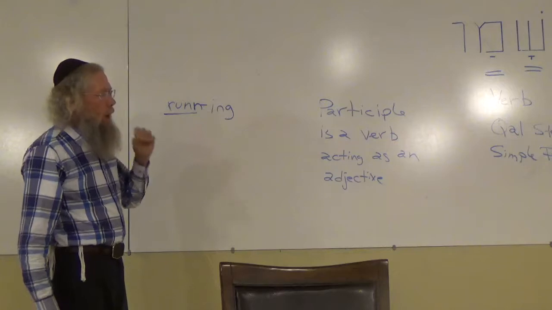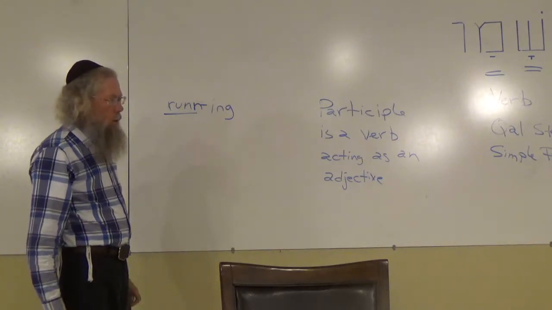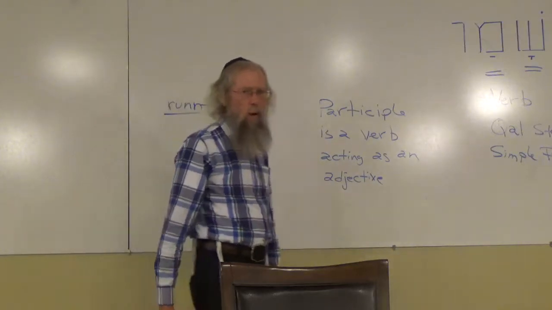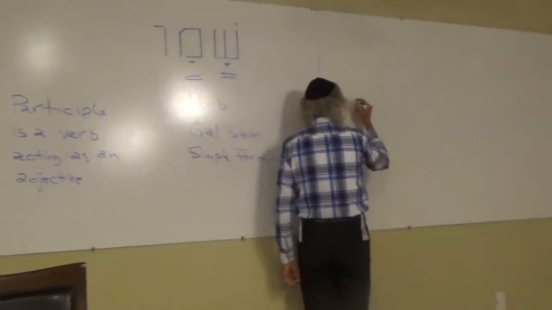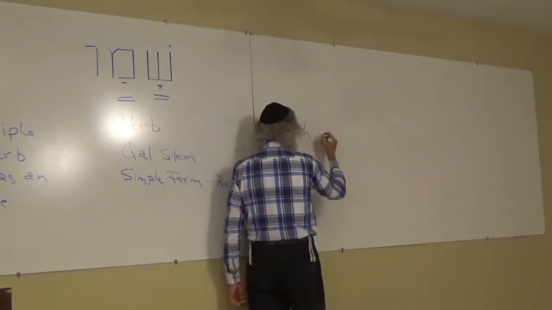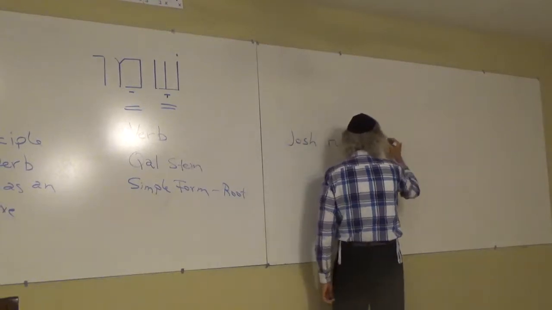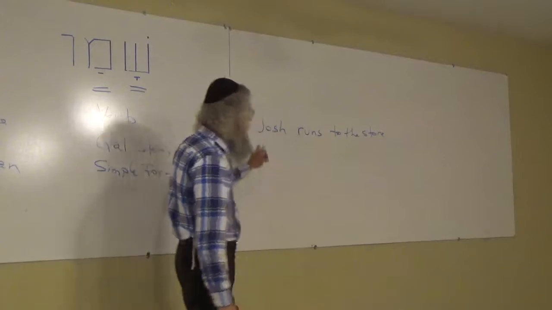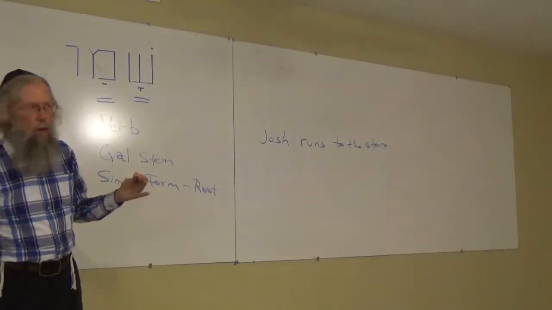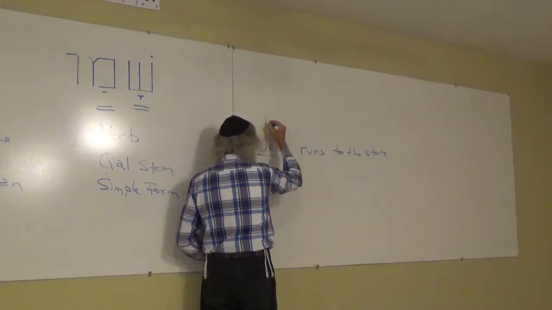So you would say, Josh, run to the store. Okay? Or Josh runs to the store. So I'll share with you each grammatical part. Alright, so Josh is called the subject, it's a noun.